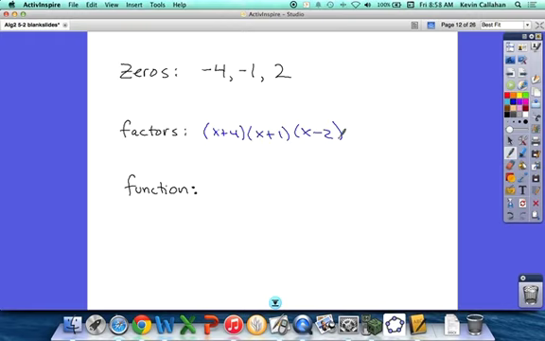Okay, so what would be the function? y equals x plus 4 times x plus 1 times x minus 2. Right, so you change zeros into factors, and then the factors, in factored form at least, that is the polynomial function.